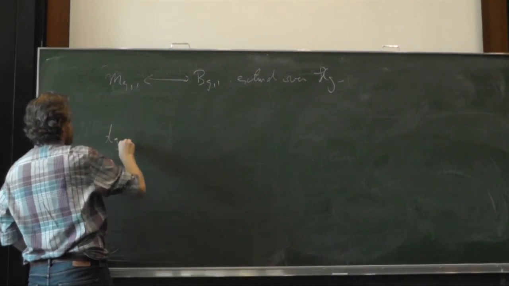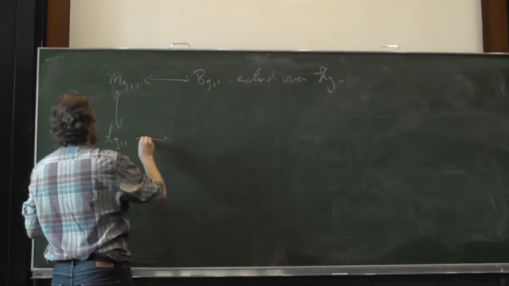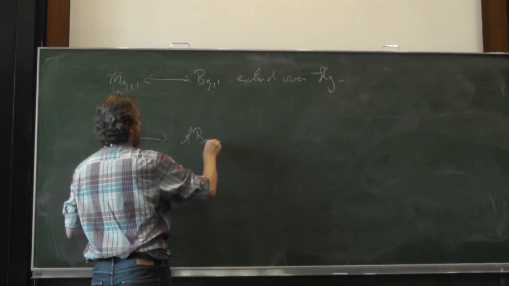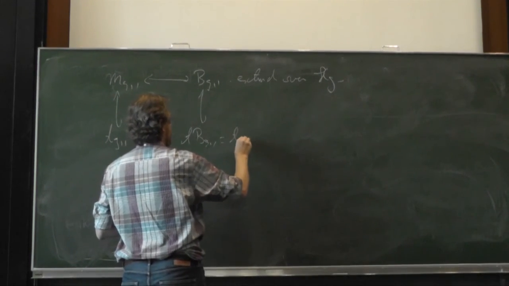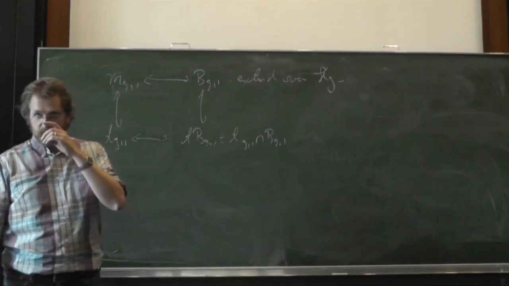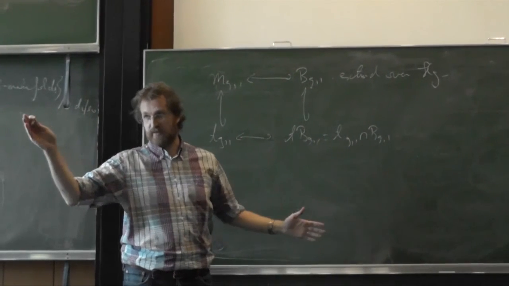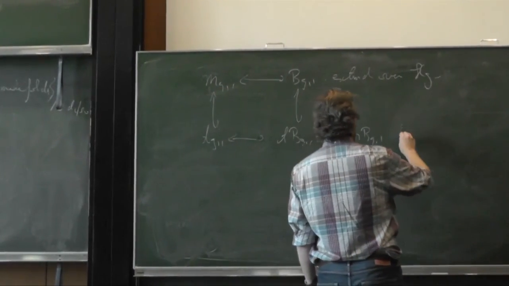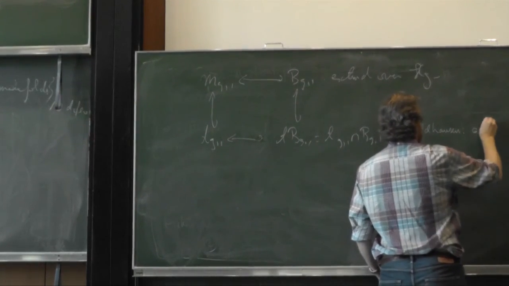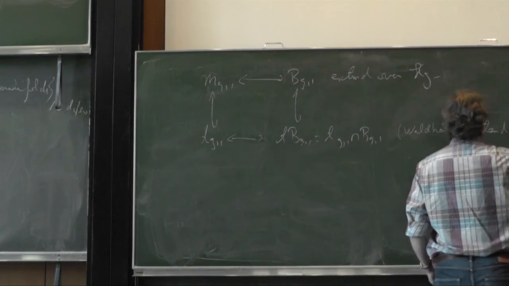Here you have those that extend to the outer handlebody, so this would be A g,1, and their common intersection here would be AB g,1. And by another theorem of Waldhausen, these are exactly the elements that extend simultaneously to both sides.